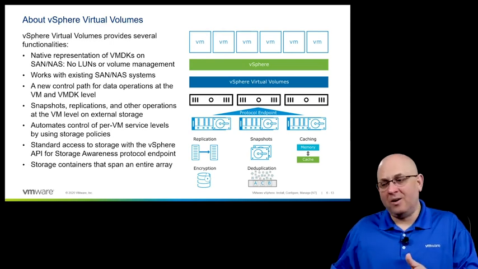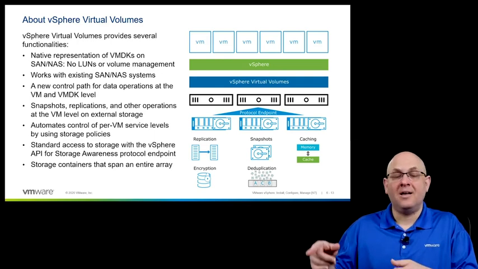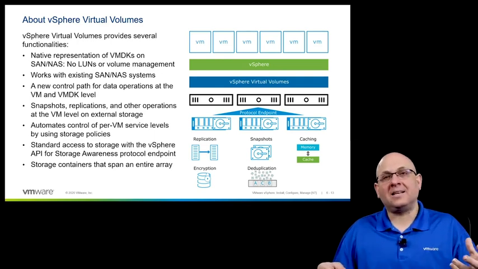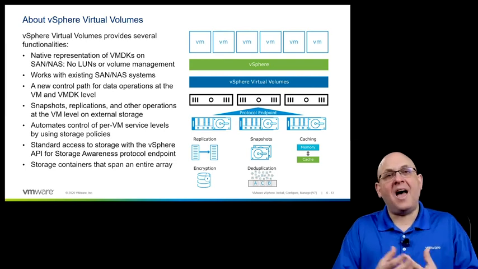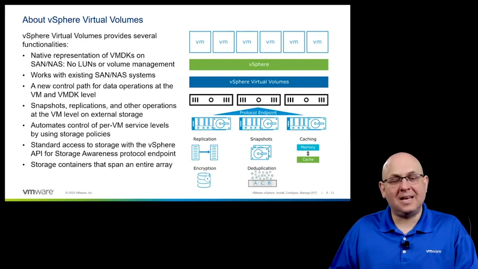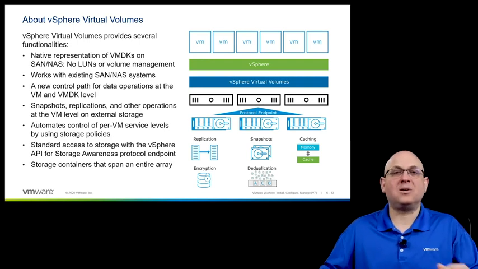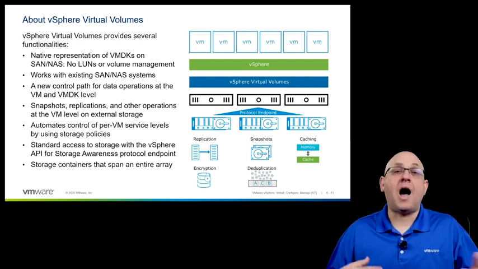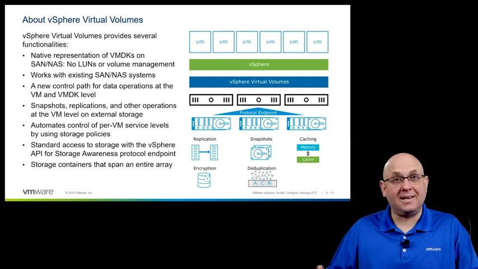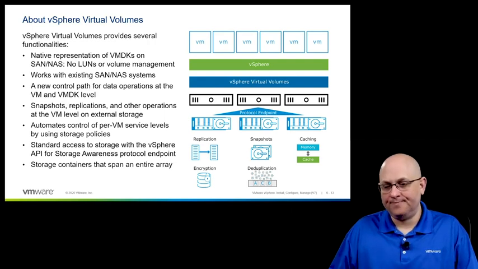But in virtual volumes, the array knows that's a virtual machine. That's a virtual disk. And ESXi and vCenter have asked me to encrypt that virtual disk and place it on solid-state storage because it needs a certain amount of IOPS capability, and it needs a certain amount of capacity as well.